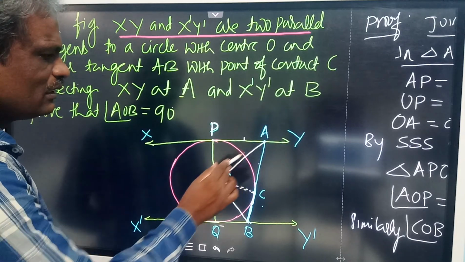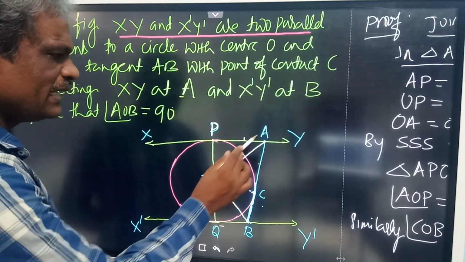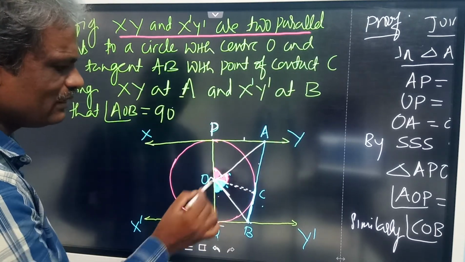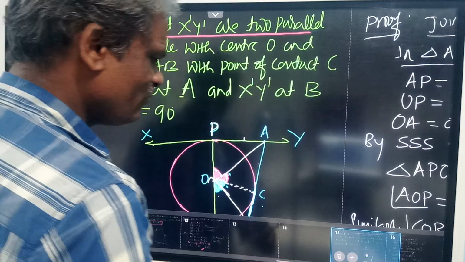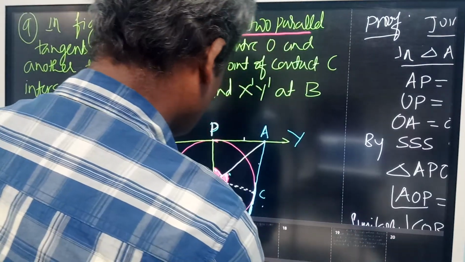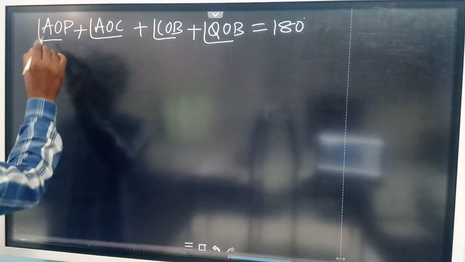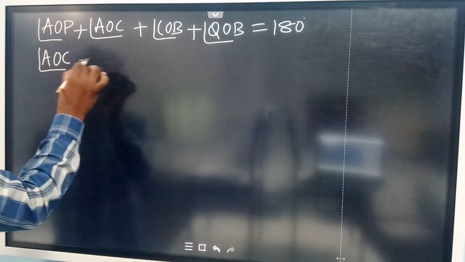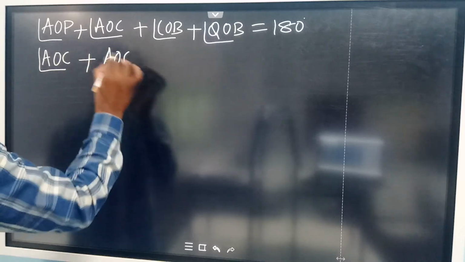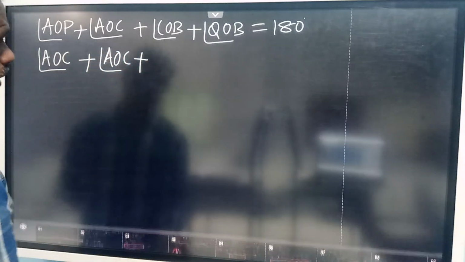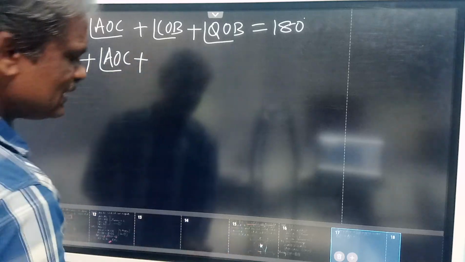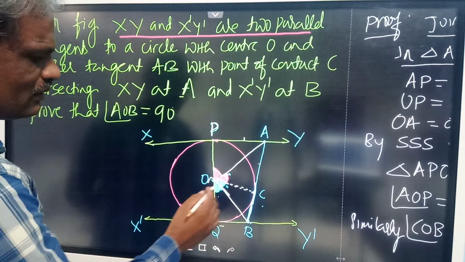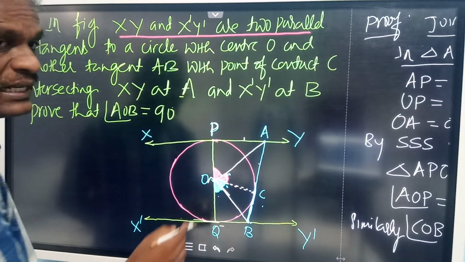Now in place of AOP, you can write AOC only. Wherever AOP is there, you can write AOC. COB, let us keep as it is. In place of QOB, I will write COB only, because these two angles are equal.